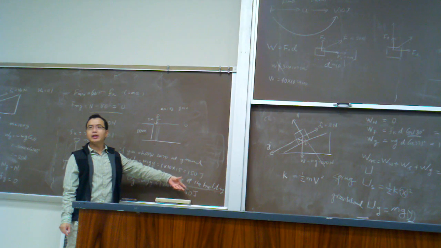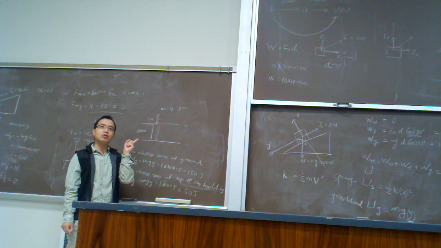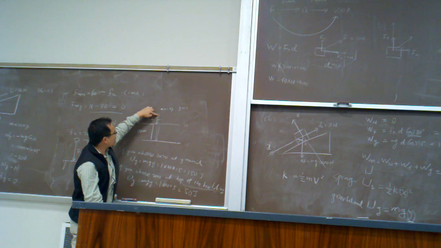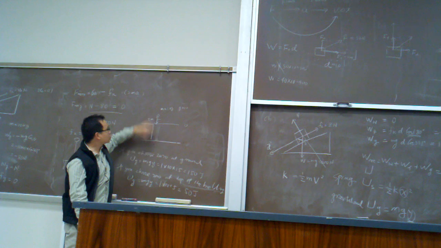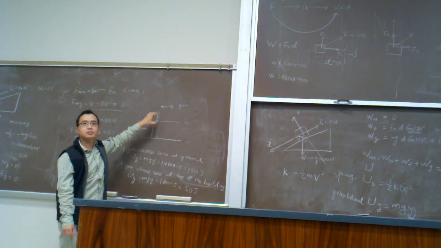What matters is not the absolute value of gravitational potential energy, but the change in the gravitational potential energy. If you just move from here to here, in any choice, the change will be the same, right?